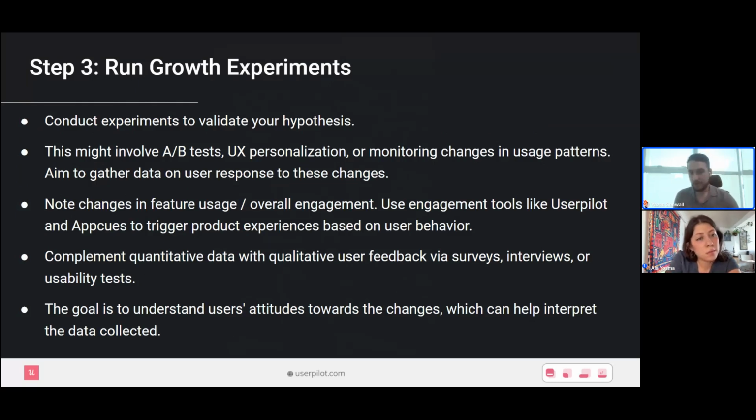So you want to run some experiments. There are a lot of ways to tell people about a specific feature. You can use in-app messages, you can use email, you can use announcement widgets, etc. My favorite one is to do something in-app, because you literally want to act in real time, because we said context matters the most, right?